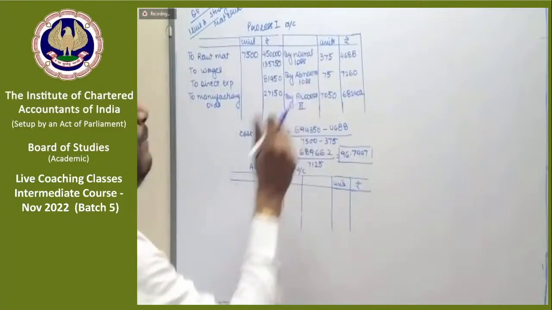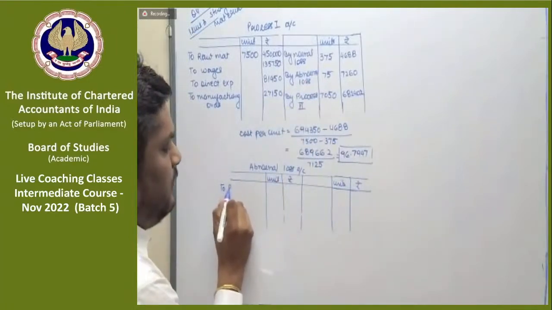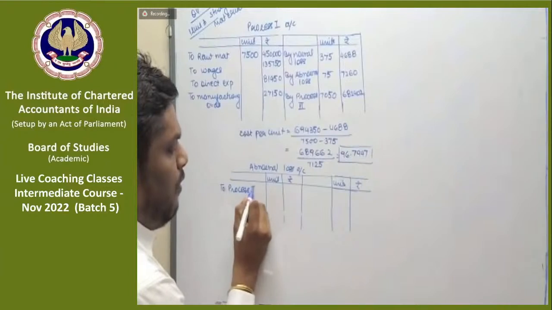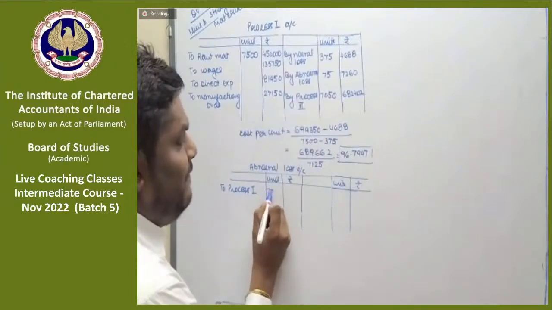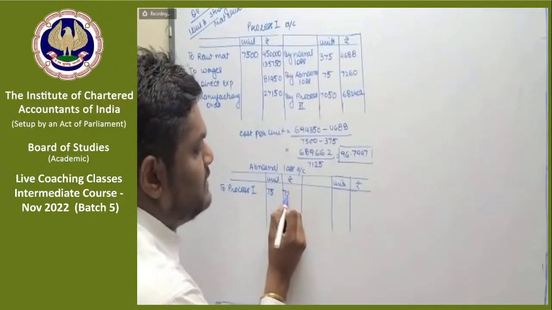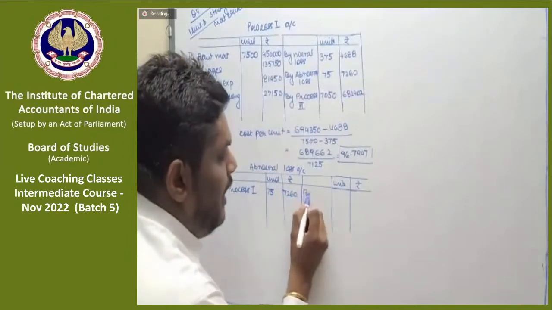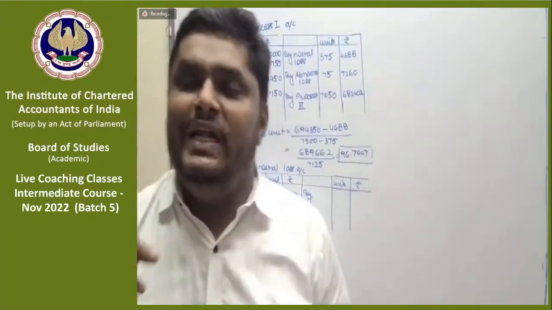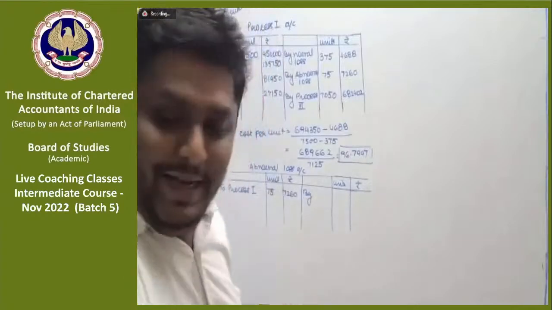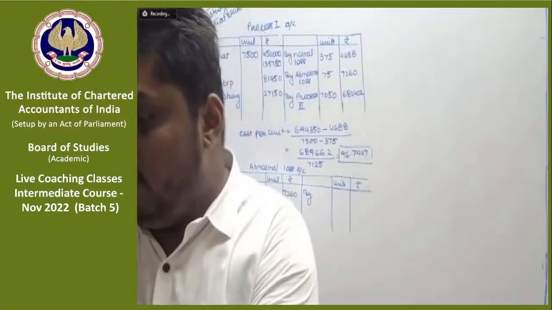When talking about abnormal loss to process first, it will be 75, that is 7,260 minus 7,185. Assuming these 75 units are scrapped in the market at the rate of 12.5.